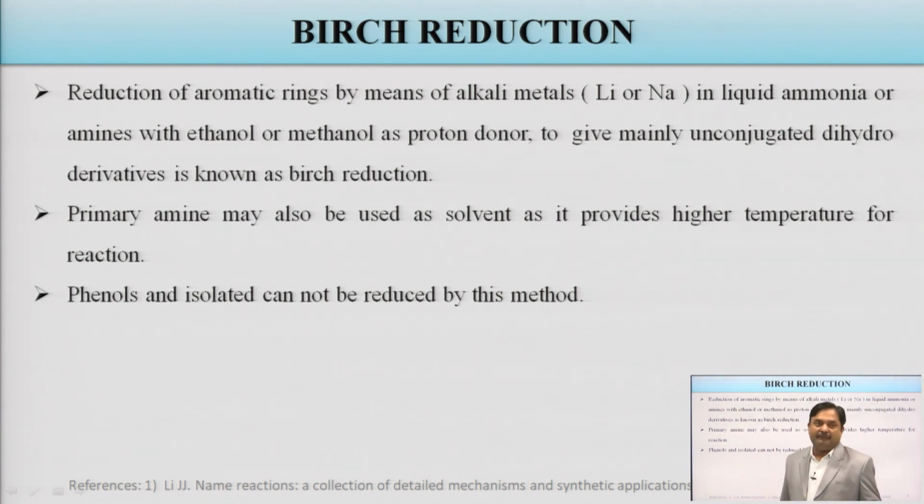One important thing you should take care of is that phenol and any other isolated unsaturated compounds cannot be reduced by this method. This is a very important point: only benzene and its relative analogs can be reduced.